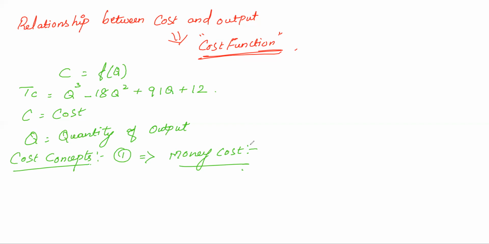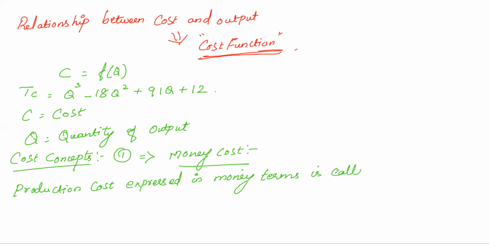So if production cost is expressed in money terms, it is money cost. That's all.